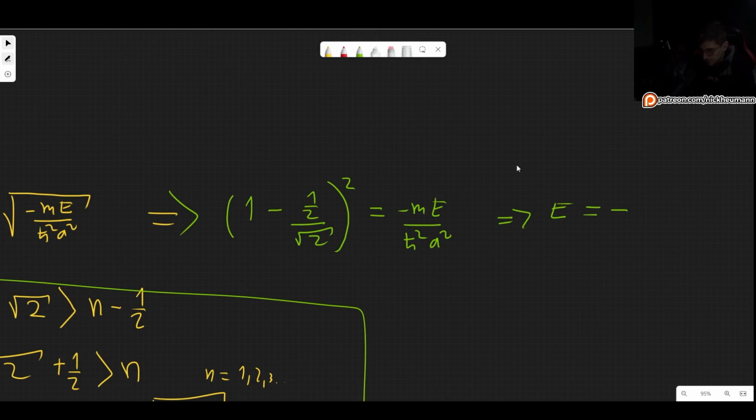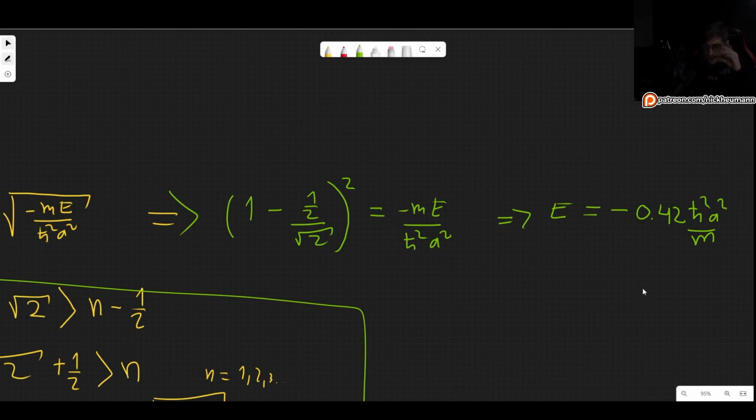So that is 0.646. 0.646 squared, of course. So let's square it. So 0.41 we end up getting. So actually 0.42 if we approximate. And then we multiply by h bar squared a squared divided by m.